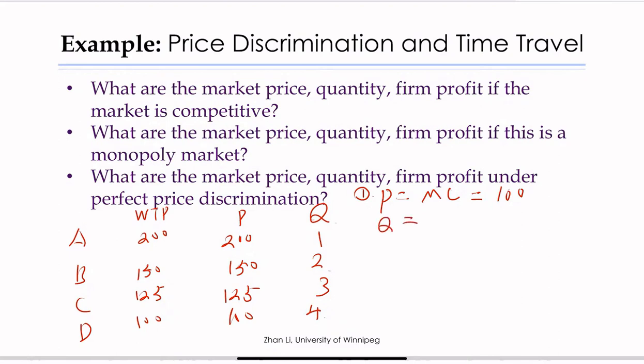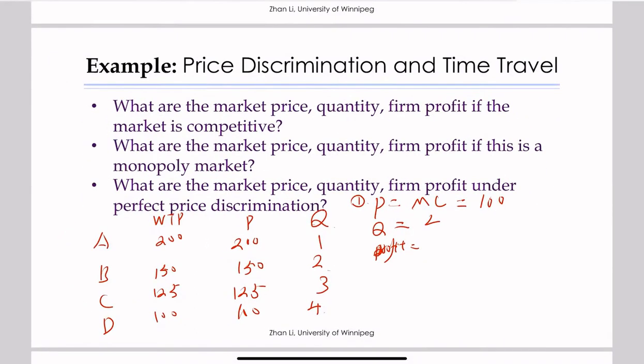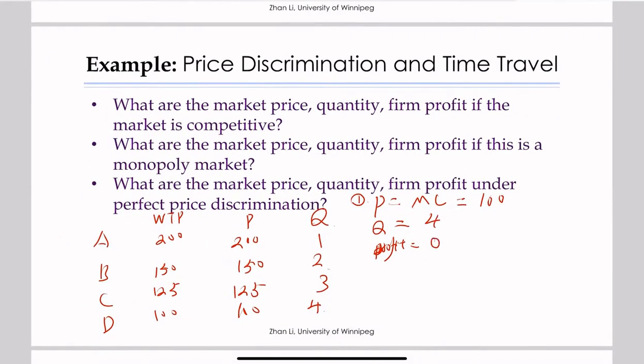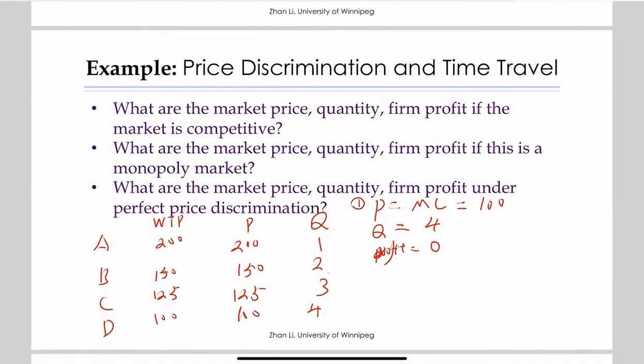This implies Q should be 4. And this implies profit should be 0, because price equals marginal cost.